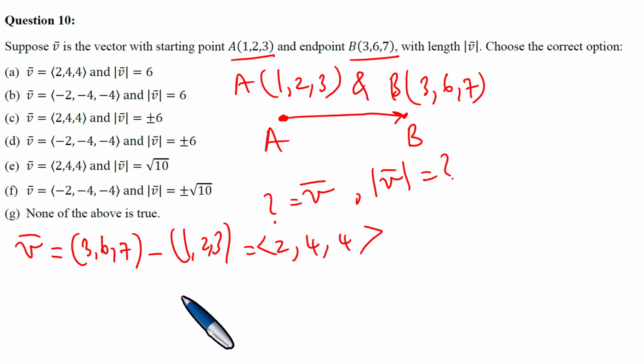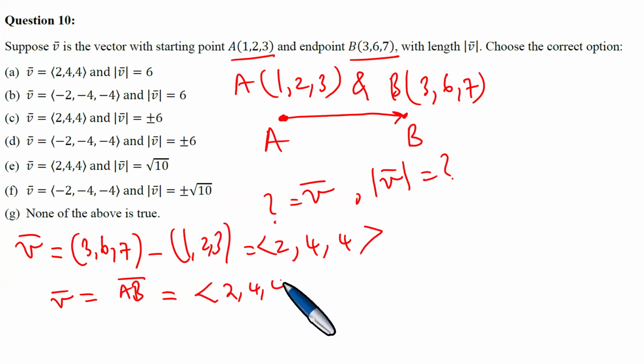So now it is 2, 4, 4, and this gives us the impression that the vector V is the vector from A to B, and the vector from A to B is 2, 4, 4.